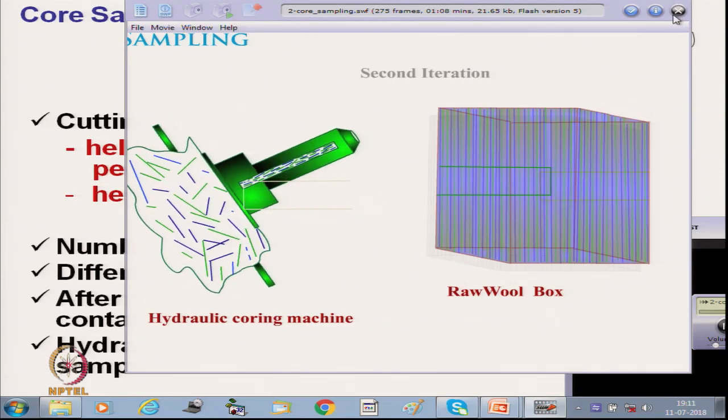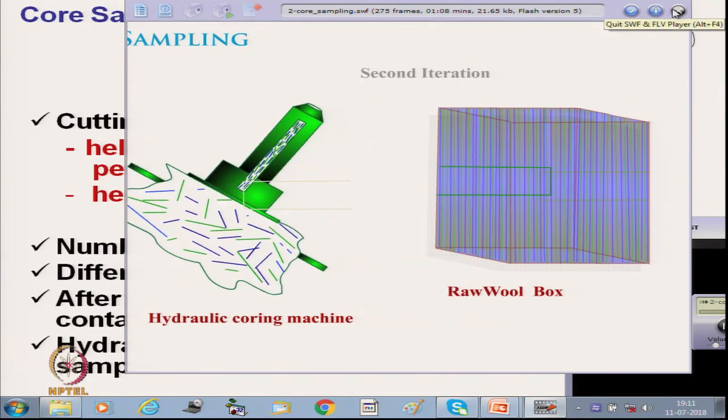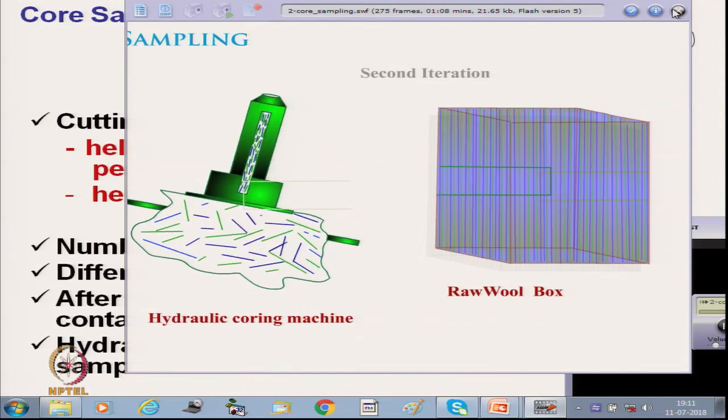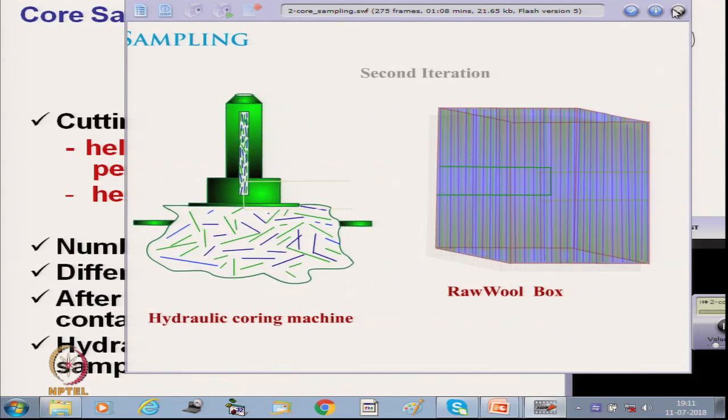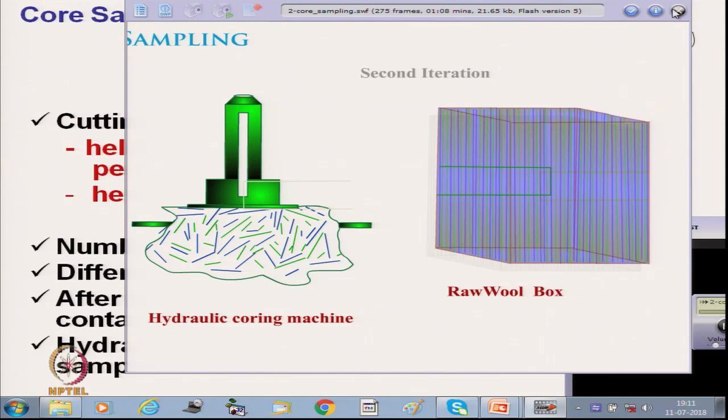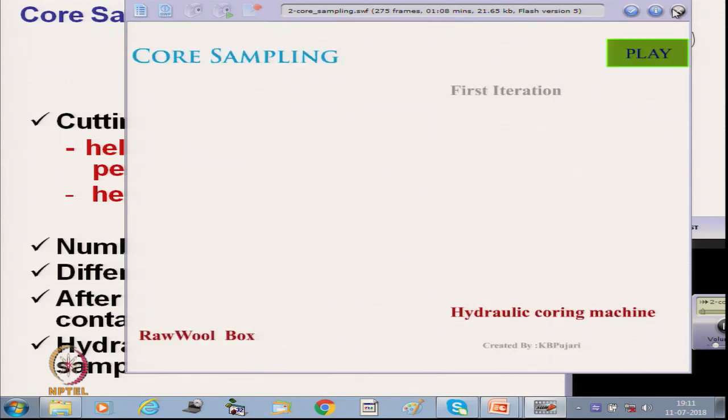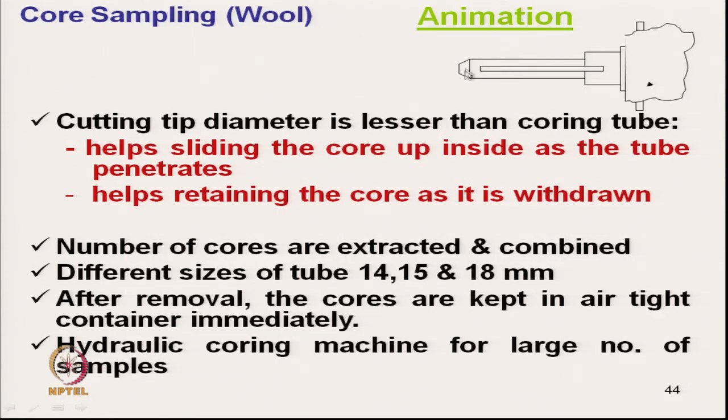So, this is the coring technique. Now, one important thing is that the coring tube is cutting the fiber. Due to this, the tip is cutting the fiber.